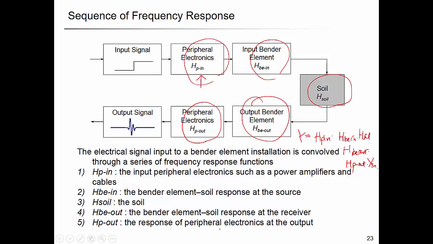Right? So you can see that you want to find out only the soil response H, right? But there are additional components affecting the measurement.